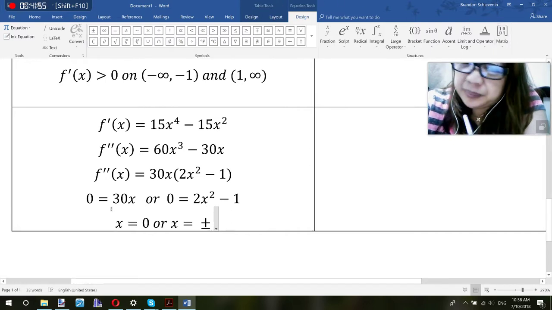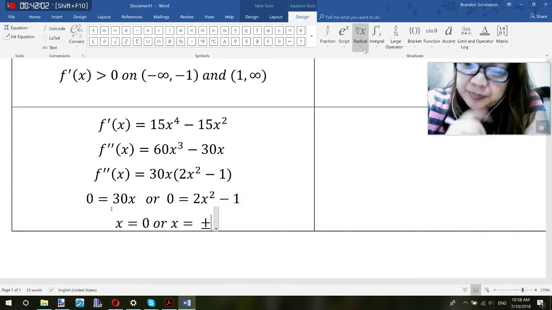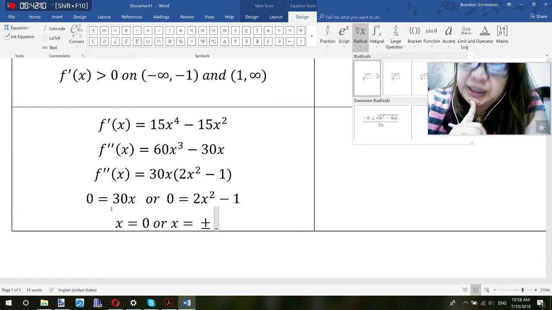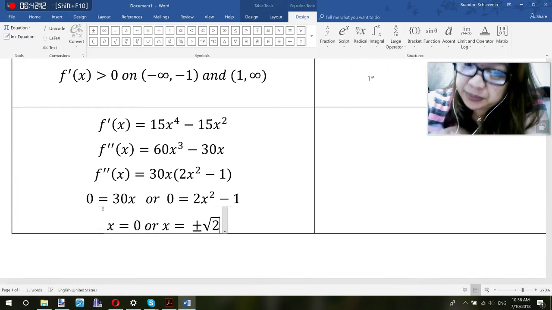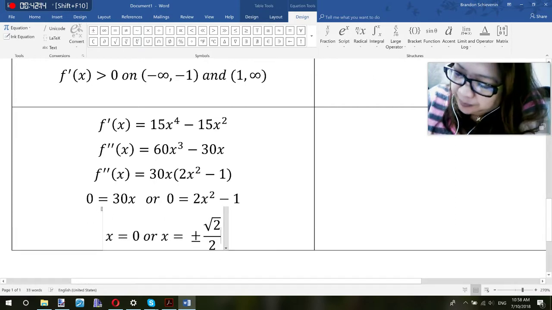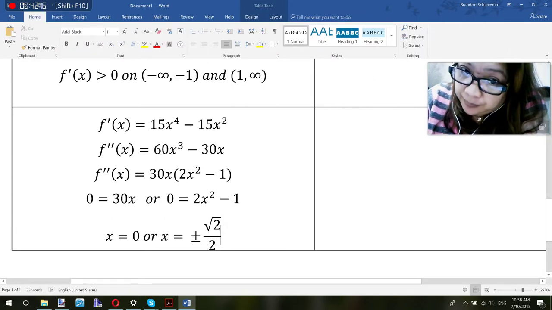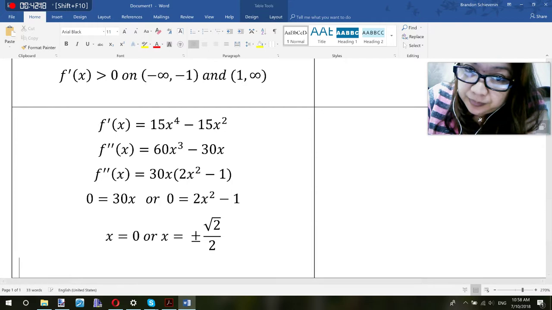Okay, you're right. So x is 0 or x is positive or negative square root of 1/2. So that's 1 over square root of 2 or root 2 over 2. Okay, so that gives us 3 points to test.